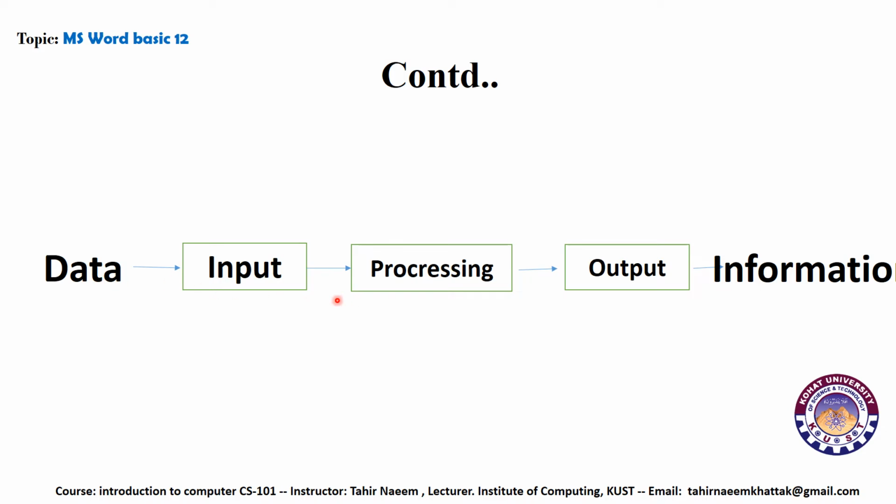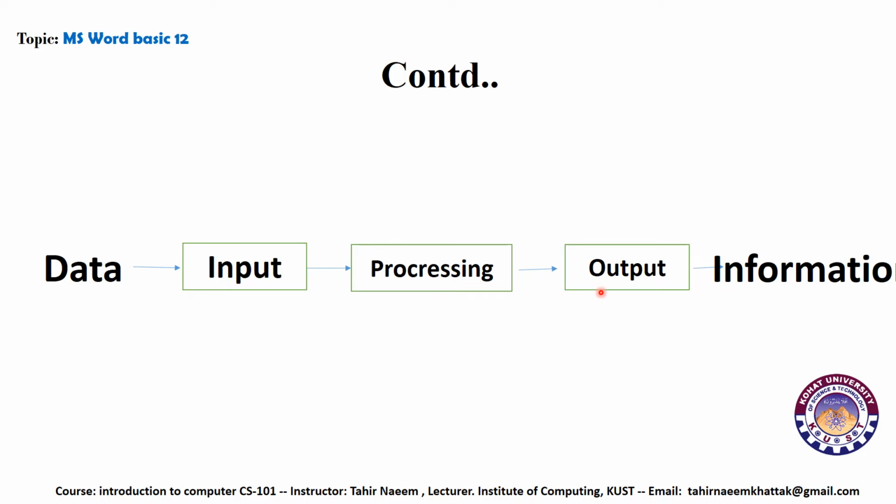Processing is when the input is captured and then manipulated, and further refined by different methods or programs, following the instructions given. After processing, the data is sent to output. There may be different types of output, like hard output and soft output.